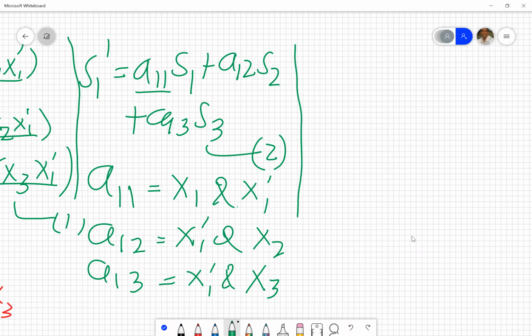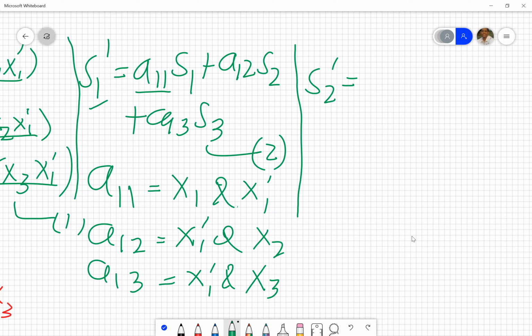If we again replace the x2 axis, similarly we get the equation for s2 dash. What will be the format of writing the equations here? When we are calculating s1 dash, we write a11 because it starts with 1.